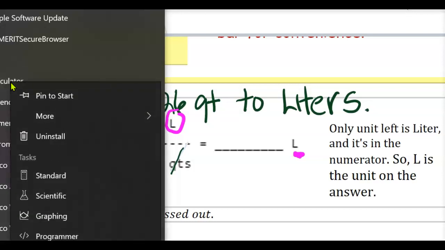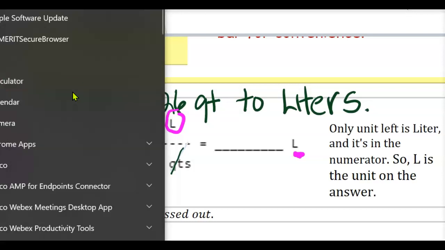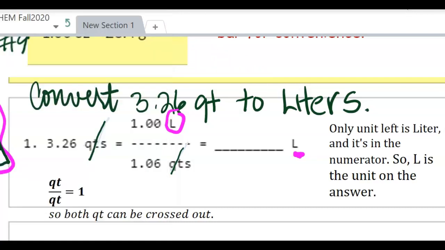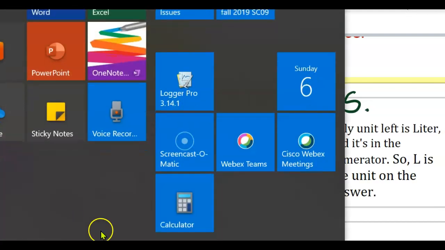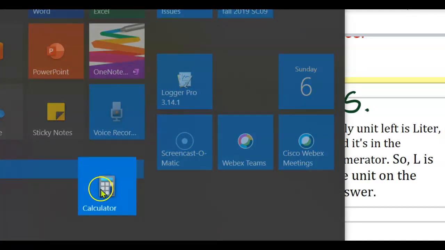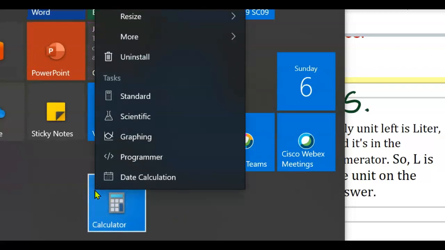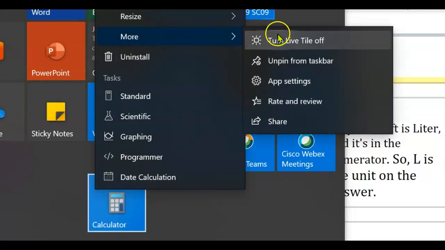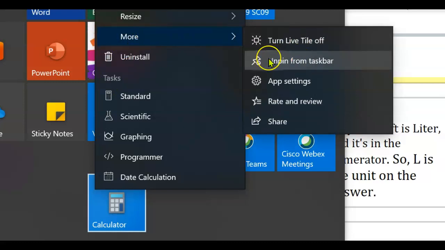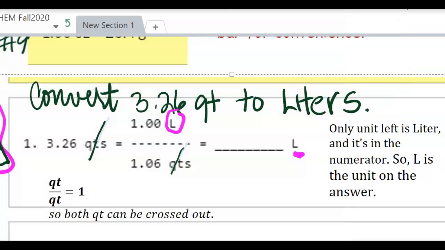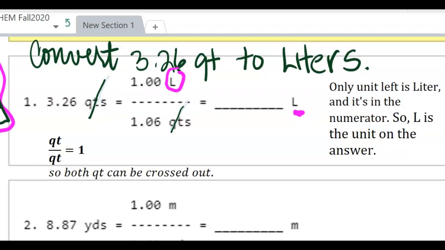So I'm going to right click on it and pin it to start. Let me show you what we have. We have now put calculator right up here. Now that may be good enough for you, but I would like to actually pin it on the taskbar, because when we need a calculator, we want it now. I don't want to have to go to an extra step. All right, so I have it on my taskbar.